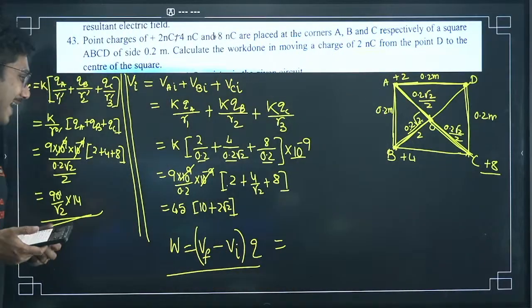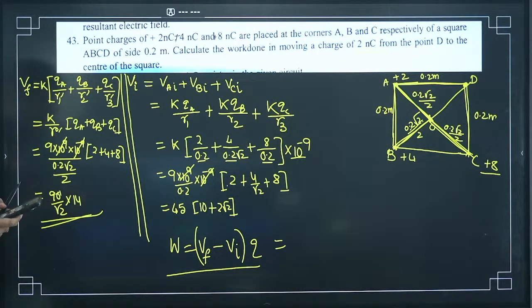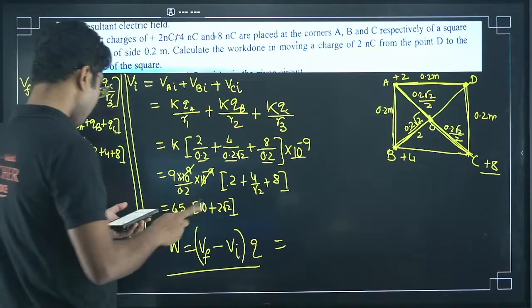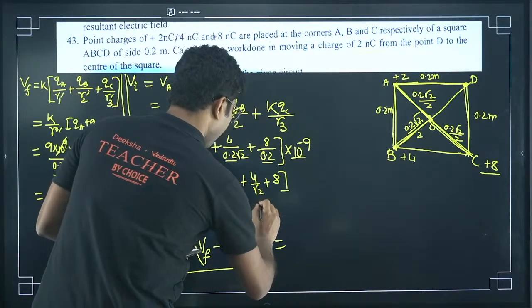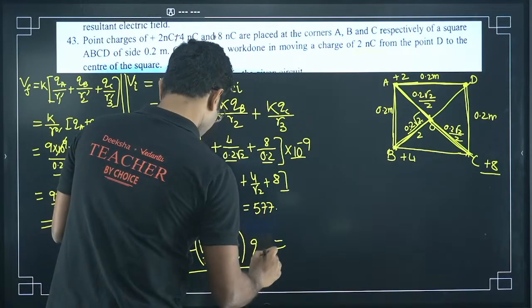Answer matching is a very bad habit for you. Let me check. This is 40, okay. 10 plus 2 root 2. So it will be about 5577.3.